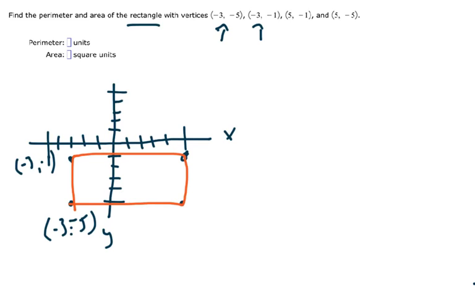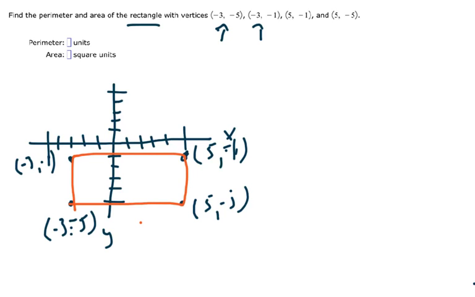Okay, so perimeter. I need to know the length and the width of the rectangle. Once I find one side, I know the other. This one is at 5, -5, and this one is at 5, -1.